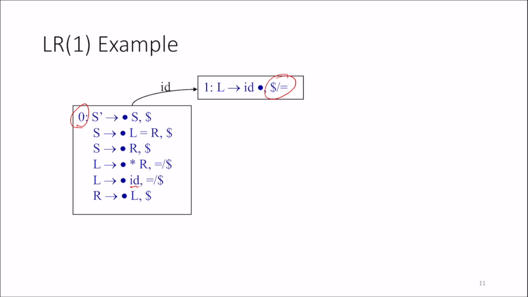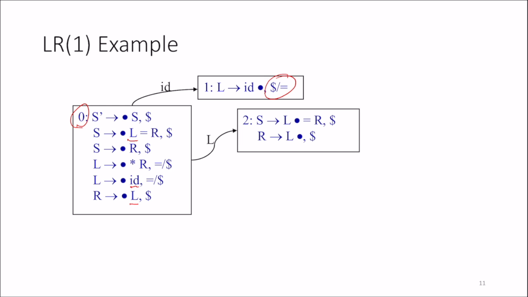When I do that, I just copy over the look ahead. So in this case, I can reduce L goes to ID in the context of either a dollar end of input or equal to. If I'm going to make a transition on the non-terminal L, I look for the different L's here. So this L and this L.